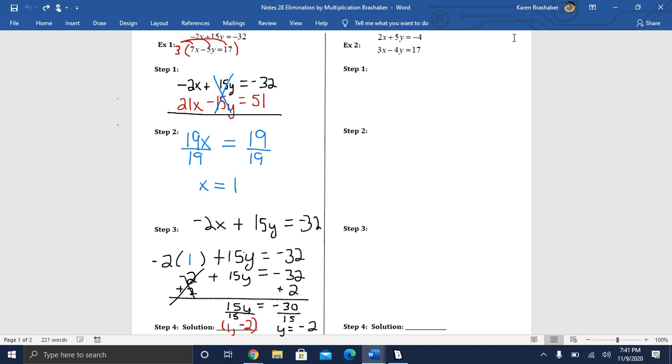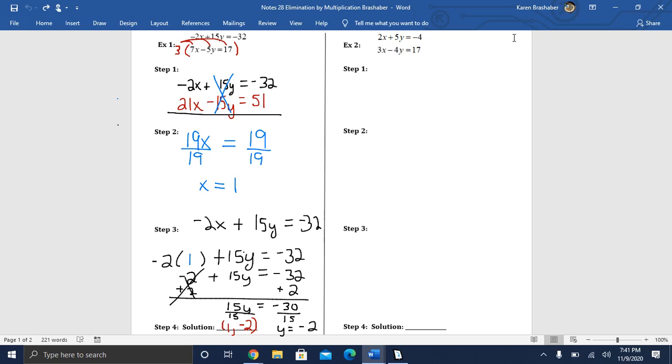And likewise, I can't multiply the negative 4 by anything to make it become a 5. So I'm going to have to multiply both equations. Again, it will not matter which variable is eliminated, but I already have opposite signs for my y values, a positive and a negative. So I'm going to try to eliminate my y's.